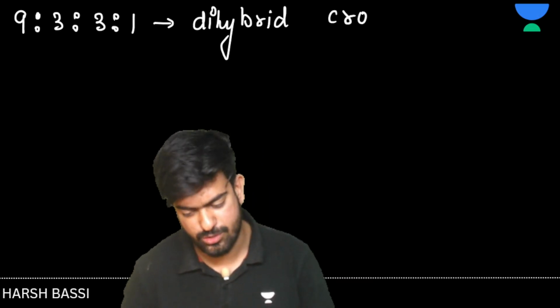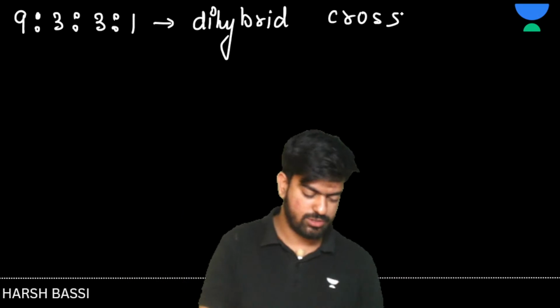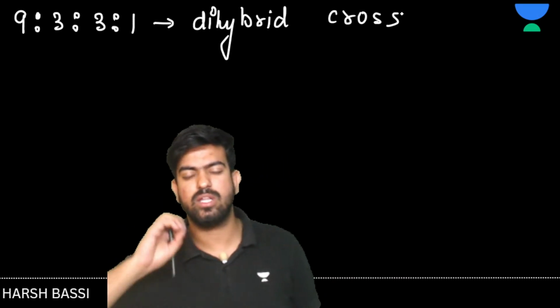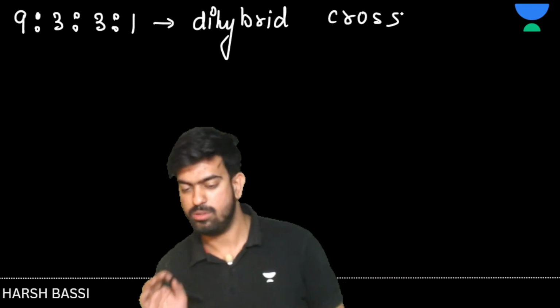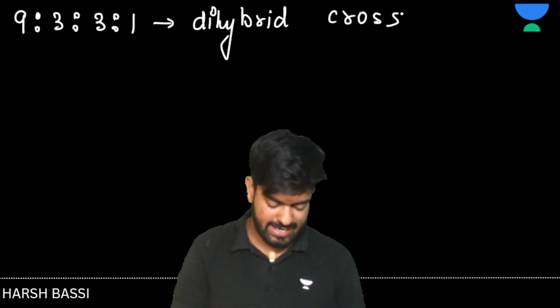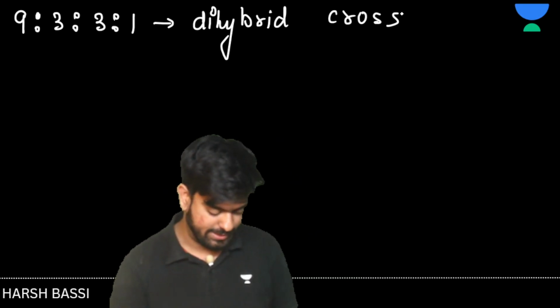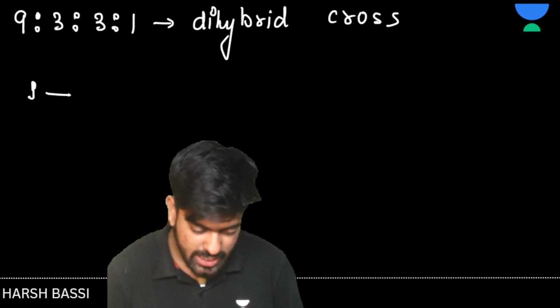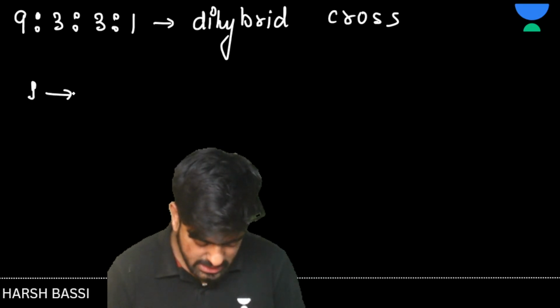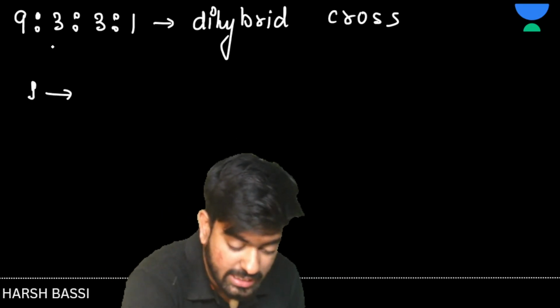Normal ratio, nothing exceptional, nothing complementary, just the normal ratio for the dihybrid cross, which was 9:3:3:1. Now in this 9, what we saw was that these 9 were yellow and round.